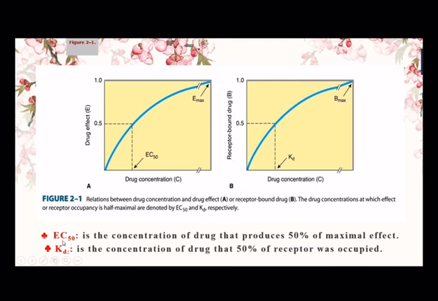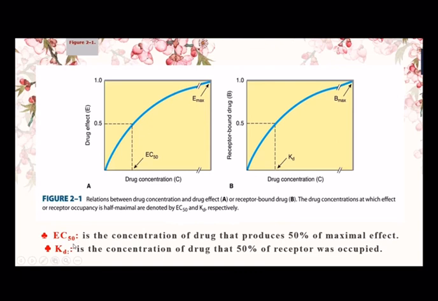What is EC90? EC90 is the concentration of the drug that produces 90% of maximal effect. What is EC5? EC5 is the concentration of the drug that produces 5% of maximal effect.